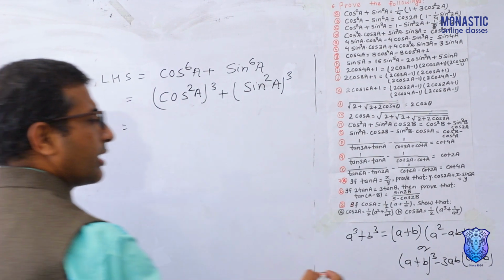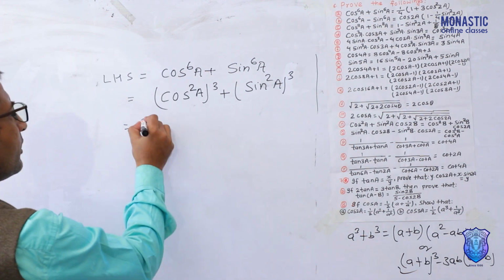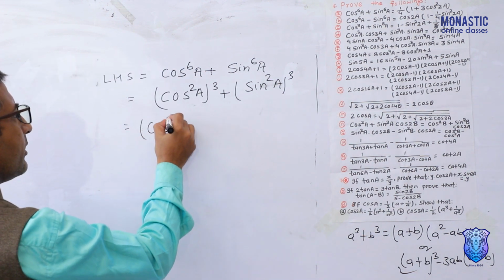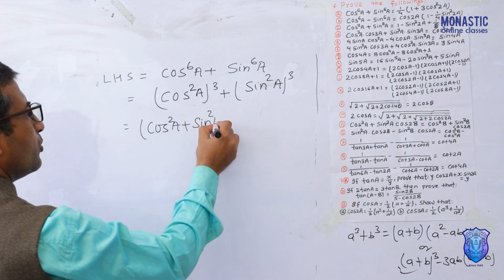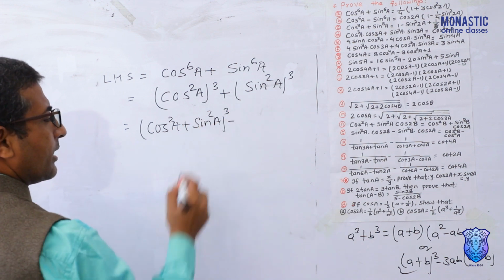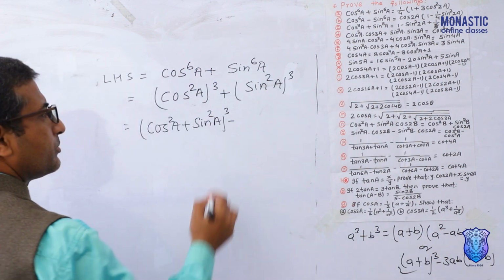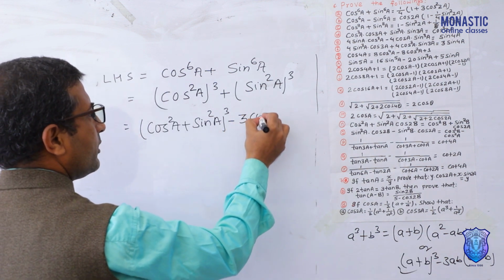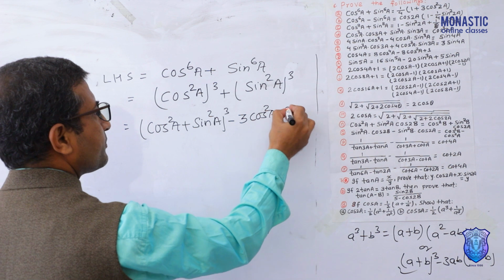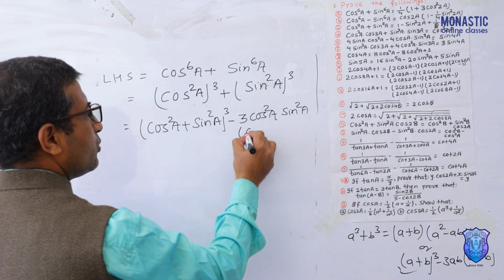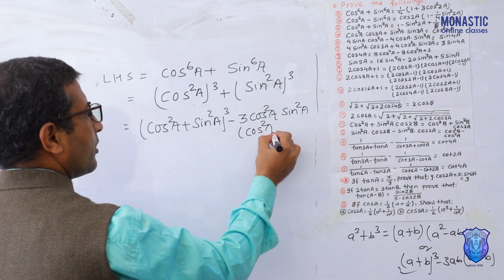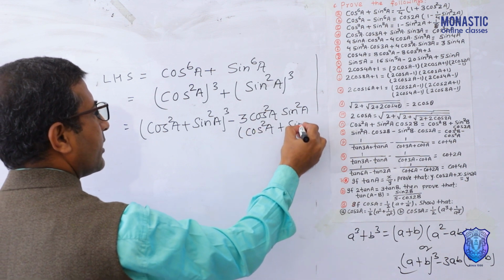I will prefer this formula here: (cos square a plus sine square a) cube minus 3ab, that is 3 cos square a sine square a, into (a plus b), that is cos square a plus sine square a.